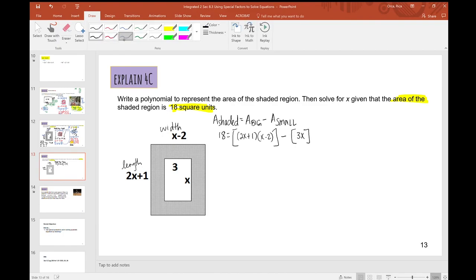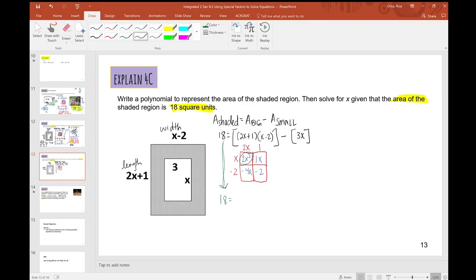Okay, class, let's go ahead and simplify. Use the box method to multiply 2x plus 1 and x minus 2. X times 2x is 2x squared, x times 1 is 1x, negative 2 times 2x is negative 4x, and negative 2 times 1 is negative 2.